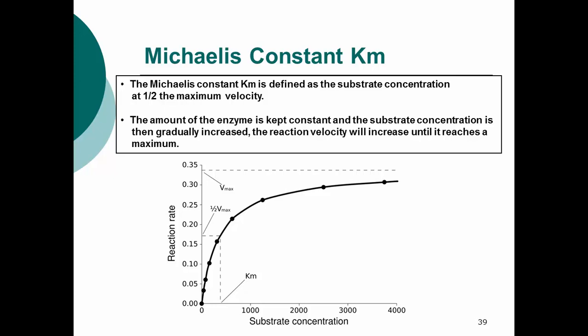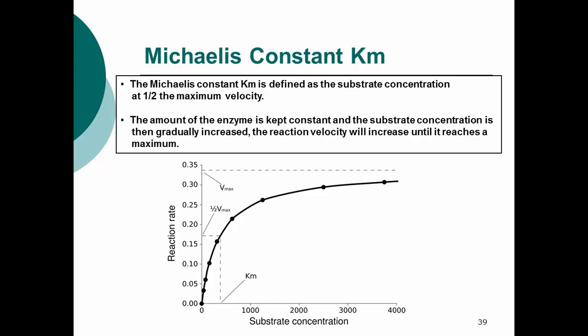right? So in other words, this Km, the substrate concentration, depends on the enzyme affinity for the substrate. So if enzyme affinity for substrate is high, then you don't need a very high concentration of the substrate to reach that level of reaction velocity, right?